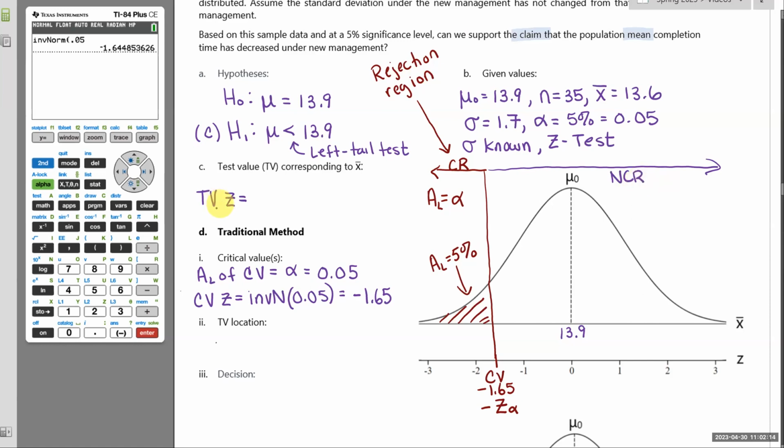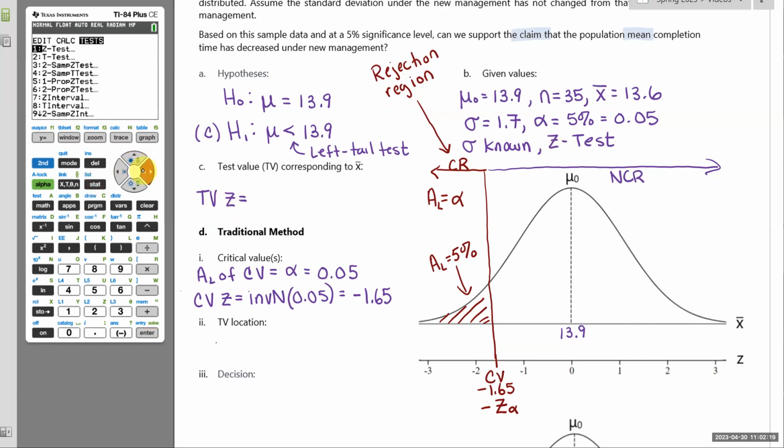All right, so let's find our test value. So I'm going to go to my Z-test. And my mu naught, 13.9. Got my sigma, 1.7. My X bar, 13.6. My N, 35.